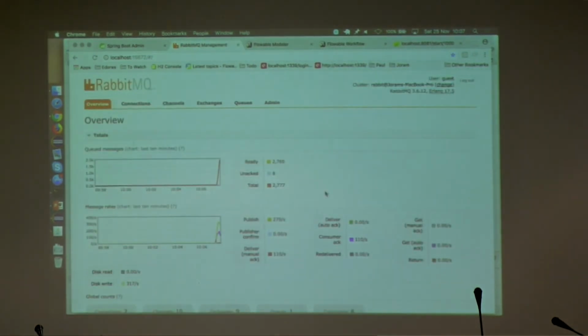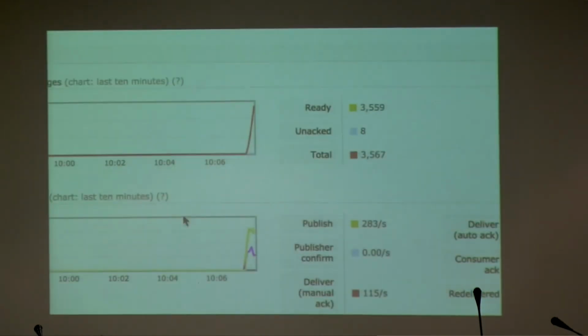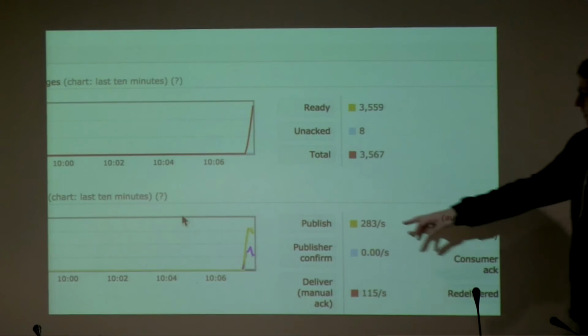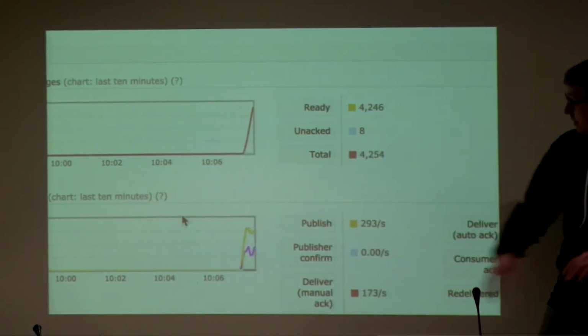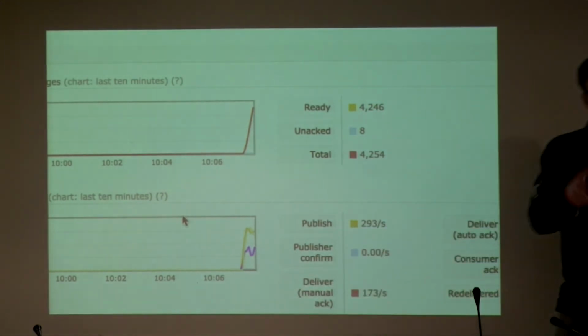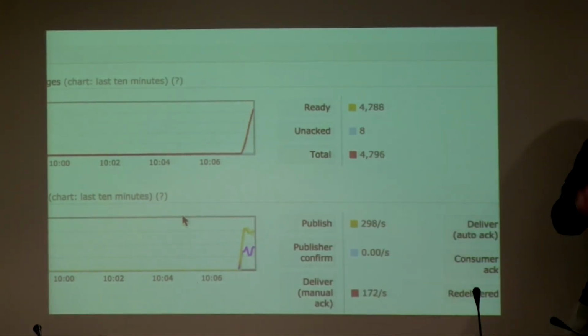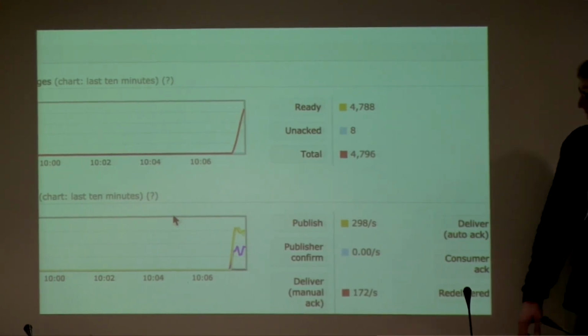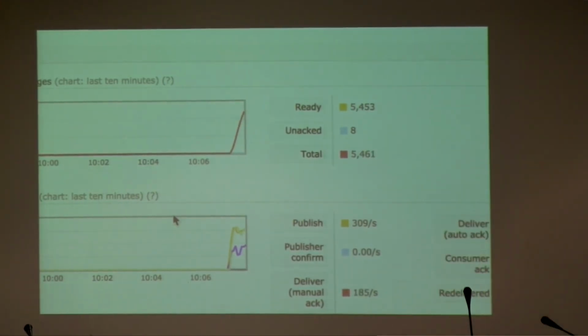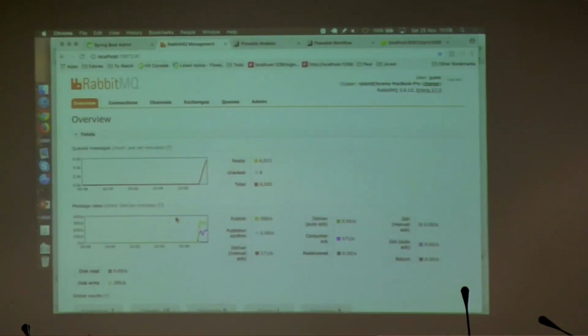While I'm talking here, you can see that the RabbitMQ has been, let me just zoom in for a minute. The yellow one is the JSON that we're now pumping into RabbitMQ, and the purple one here is the listener Spring Boot application that is pulling the JSON and pushing it into Elasticsearch. While I'm demoing, it's going to make some noise like a small vacuum cleaner, but don't worry about that.